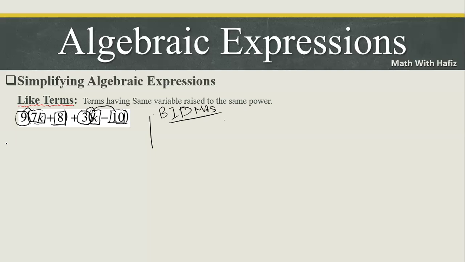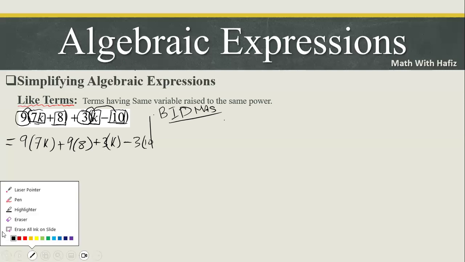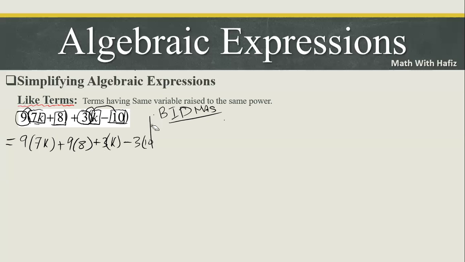So it will be 9 multiplied by 7k plus 9 multiplied by 8, and here you will have plus 3 multiplied by k minus 3 multiplied by 10. Or you can also say 3 multiplied by minus 10. It does not matter, it will give you the same thing.